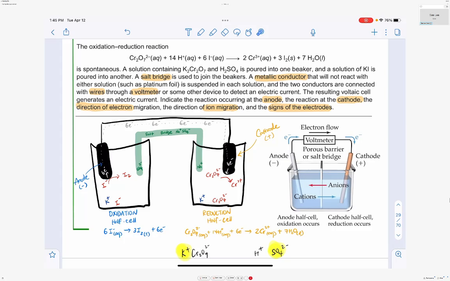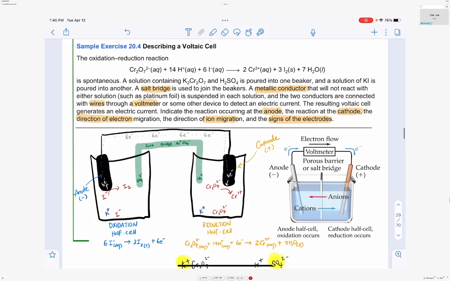This reaction is actually very similar to the redox reaction that we encountered in sample exercise 20.2. In sample exercise 20.2, we used chloride instead of iodide. That was the only difference.